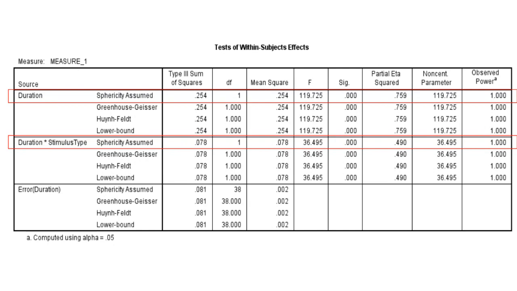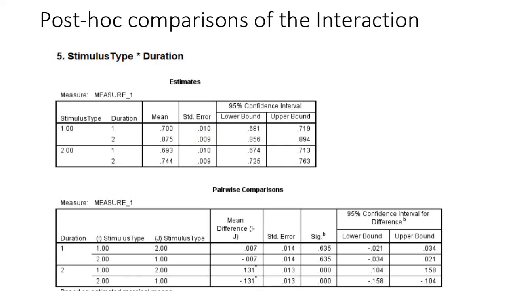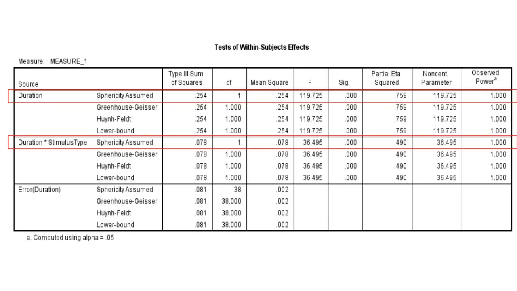I'm wondering if that will work. So yeah, stimulus type and duration. You also have to do something like a t-test. So this is where t-tests come in, and you can do a pairwise comparison, because let's say you found this interaction between duration and stimulus type was significant.